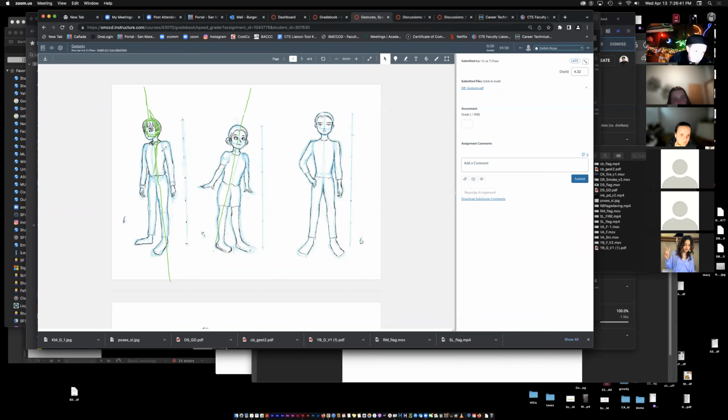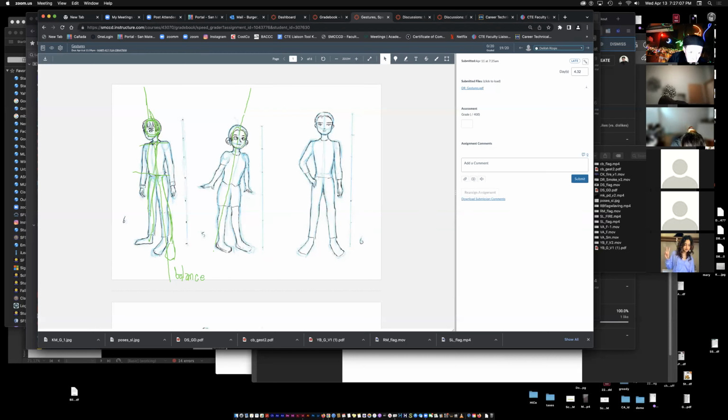I think the idea of correcting this pose is that the line of action for this leg is okay, but then this leg should be out here to really balance the pose. So just think of balance. Not the balance on your checking account, balance and weight.